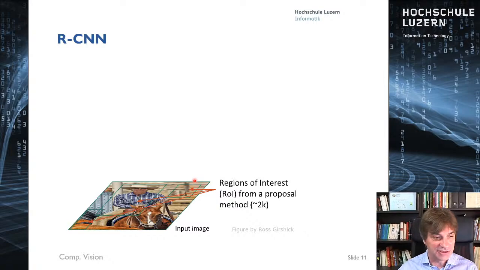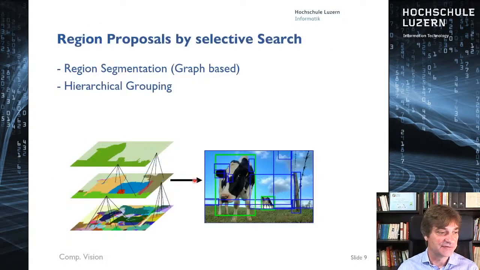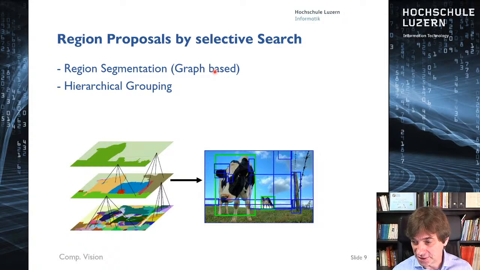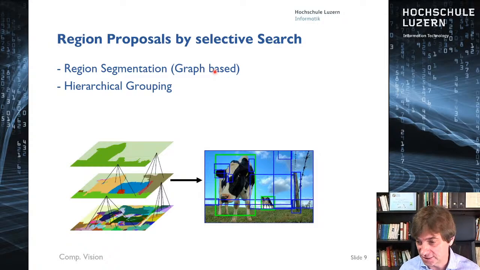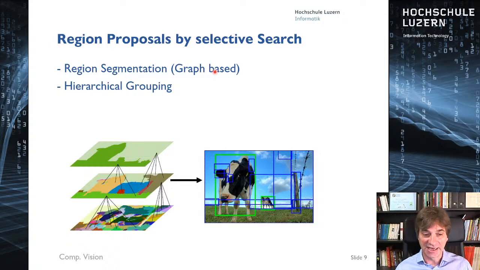The region proposal method that they used was any of some previously defined ones. One of the best region proposals is really just the segmentation using these graph cut algorithms. Remember, in the exercise, at the end you had a segmented image with graph cuts, and then you find regions which all have the same color, and that can give you the bounding box.